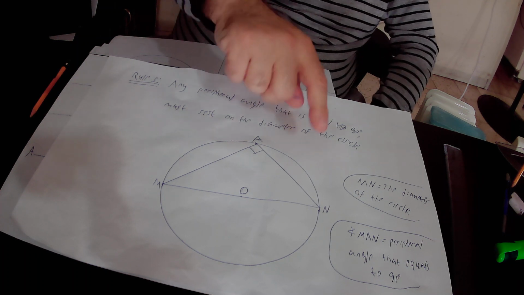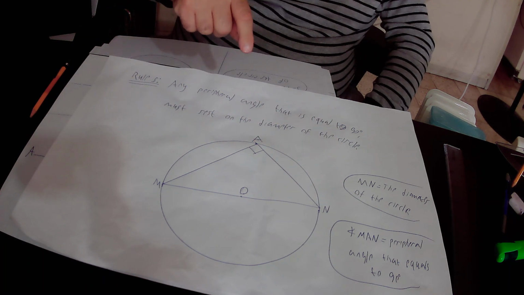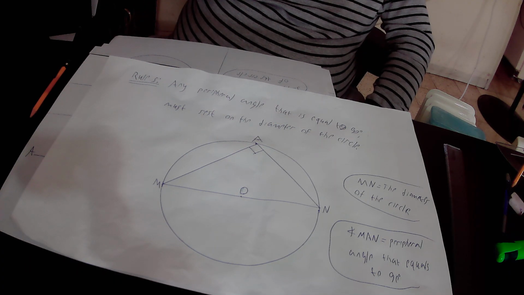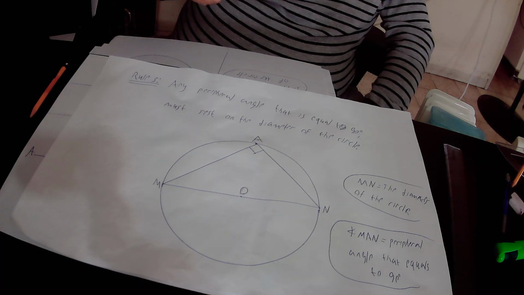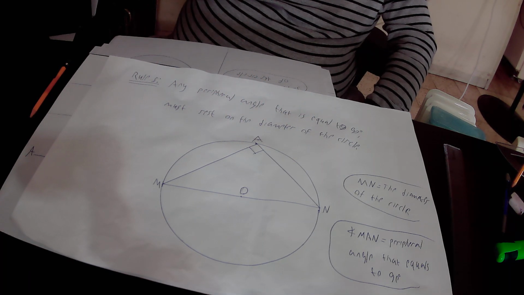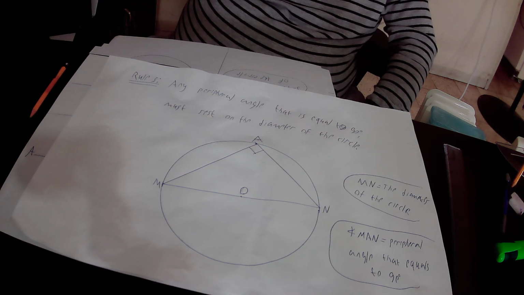In the drawing we have a circle. Inside this circle we have this peripheral angle MAN. This peripheral angle MAN is a right angle that is equal to 90 degrees in its size. Therefore, according to this rule number 5, this peripheral angle MAN must be subtended on the diameter of the circle. That is to say, MN is the diameter of the circle.